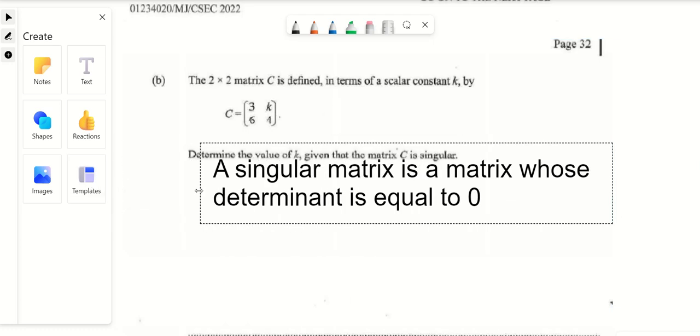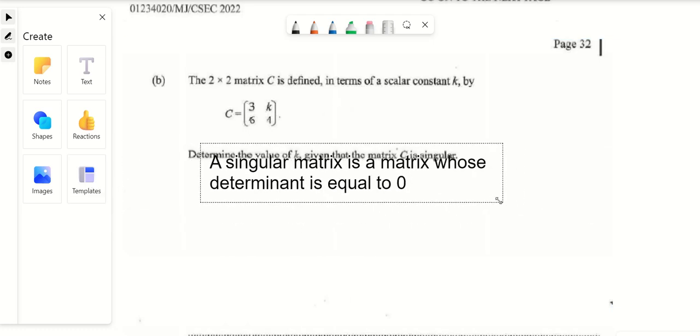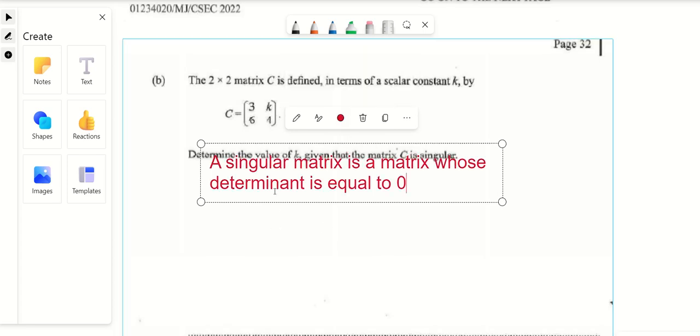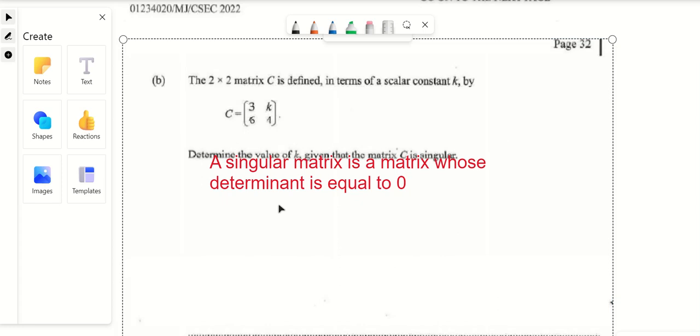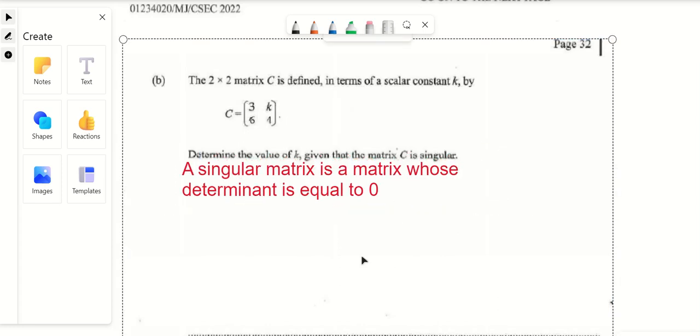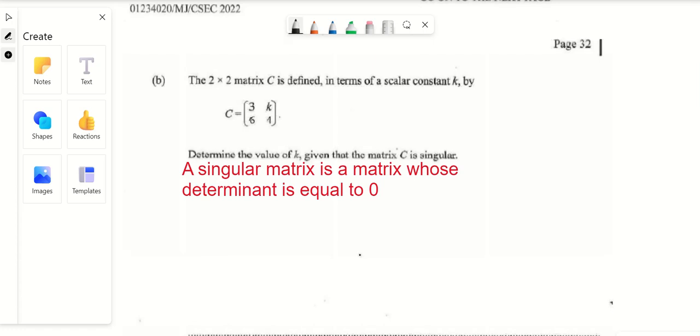So if we ask for the determinant of, put it in red so that it'll know it's an important note. Right? So a singular matrix is a matrix whose determinant is equals to 0. We already know how to find determinant, but we'll do it again.